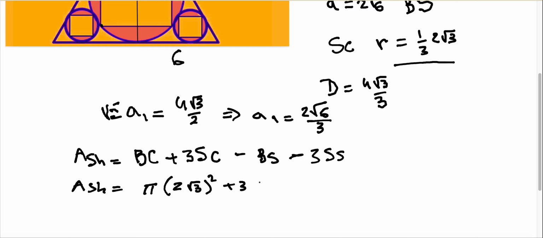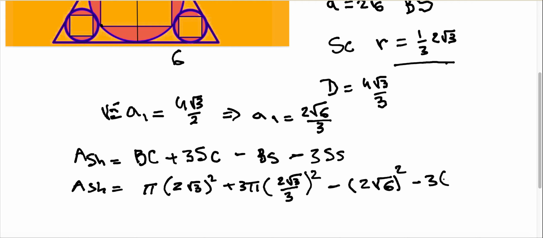Plus 3 times pi, and the radius of the small circle is 2 times the square root of 3 divided by 3, squared. Minus the area of the big square, where one side was 2 times square root of 6, everything squared, minus 3 times, we have 3 small squares, 3 times 2 square root of 6 divided by 3, squared.